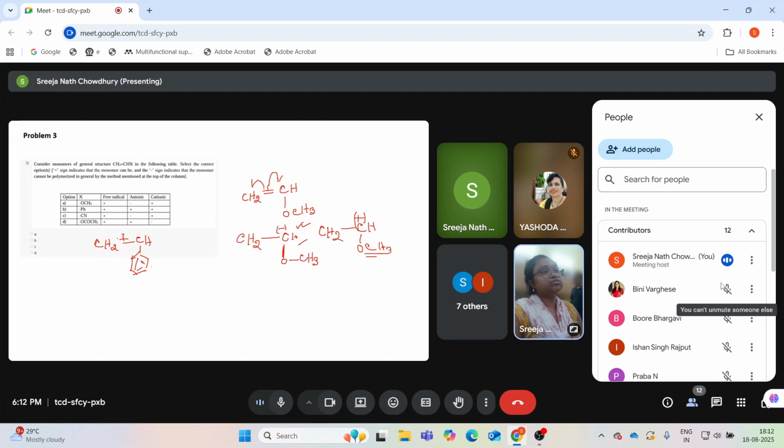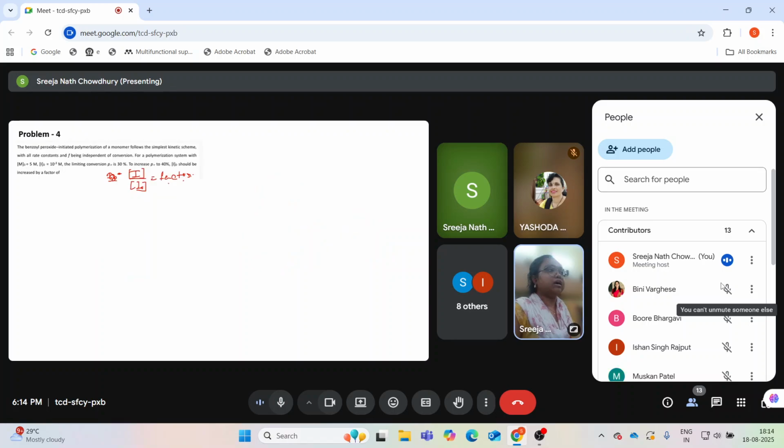To increase P infinity to 40%, by what factor should I0 be increased? So we need to know I0 by I0, which will give you the factor by which you have to increase or decrease the I0 value.